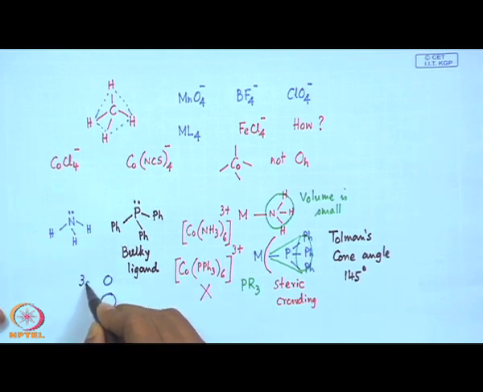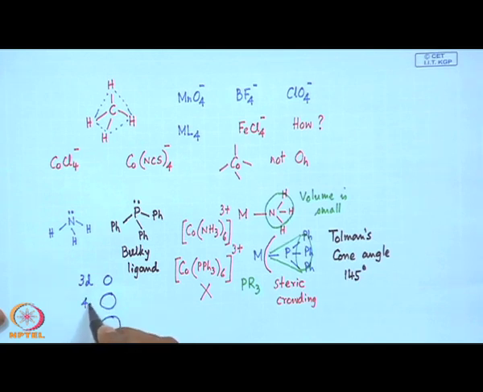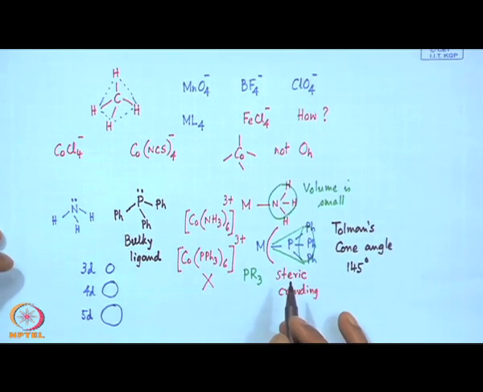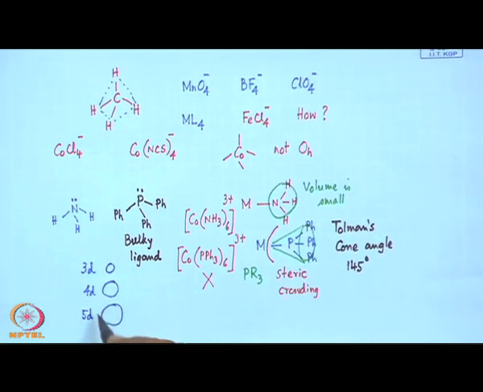So, as we move to 5d, we have a bigger metal center, but it is not possible to accommodate this number of phosphine ligands surrounding these metal ions. So, it is not always useful or preferable to move from one metal center to another to accommodate bulky ligands.